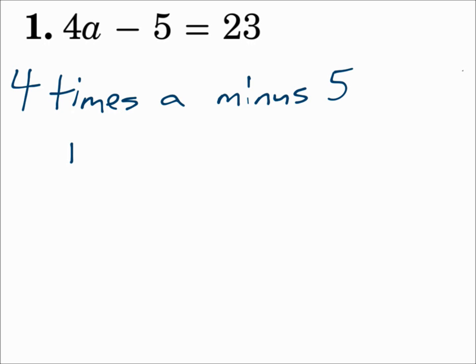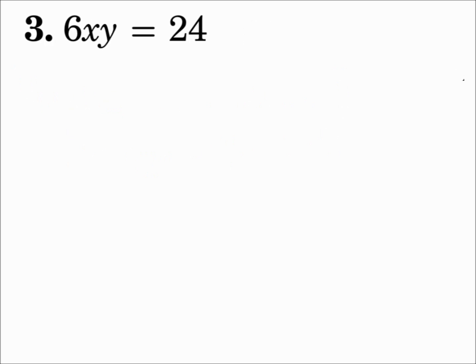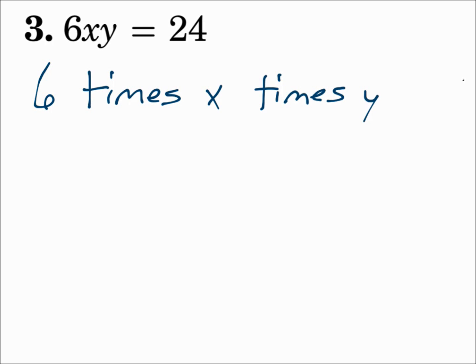The equals is equal to, and then 23. Number 3, 6xy equals 24. 6 is 6. I'm multiplying by x and I'm multiplying by y, so I can say times x times y. Equals is equals, and then 24.